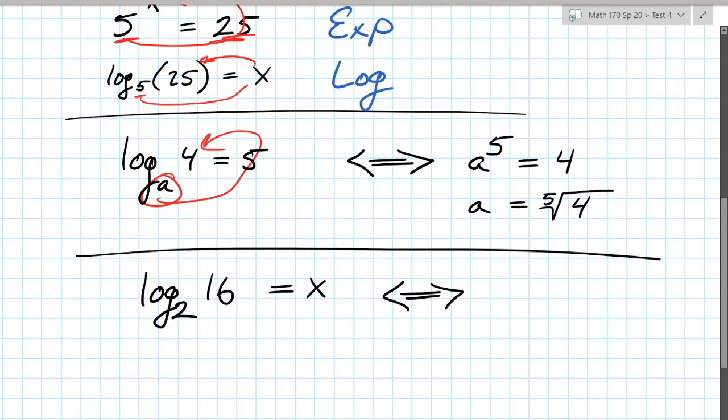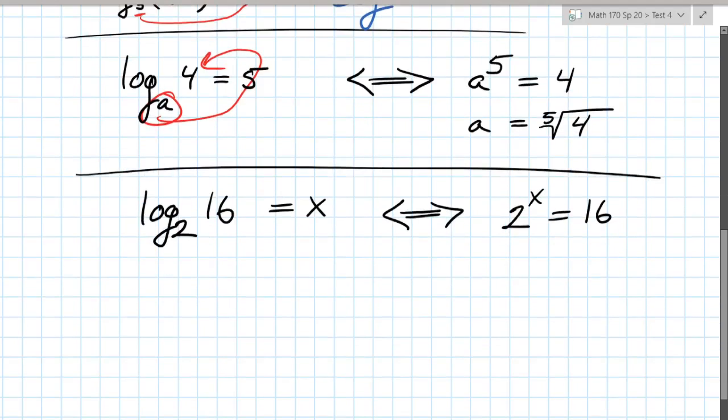That is 2 to the x is equal to 16, and then use the techniques for solving exponential equations that we learned last time. Match the bases. 2 to the x equals 2, 4, 8, 16. 2 to the 4 is 16. And then from there, x must equal 4.